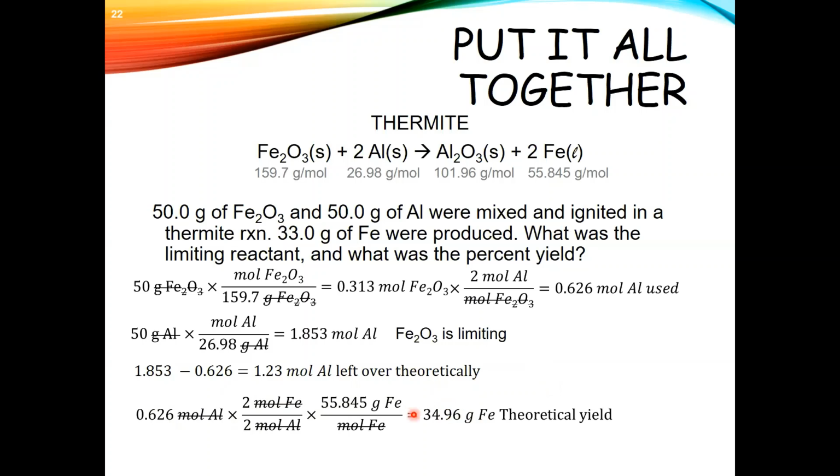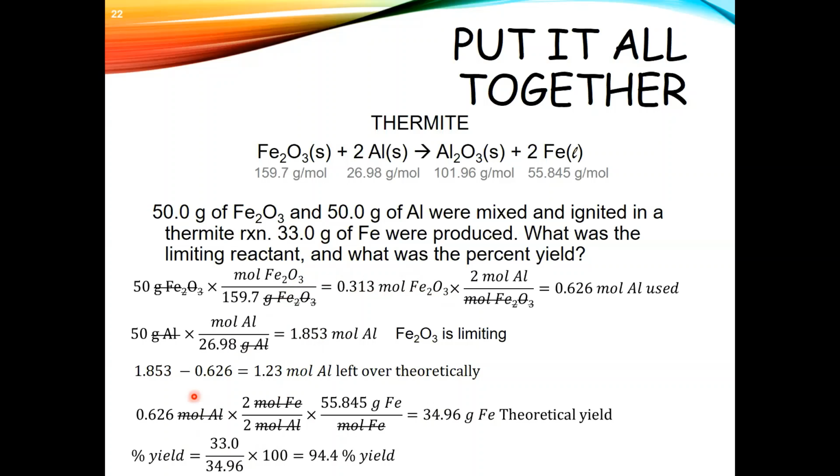So this is our theoretical yield. We have an actual yield of 33 grams. So we can calculate our percent yield by taking our actual divided by our theoretical times 100% to get us 94.4% yield.